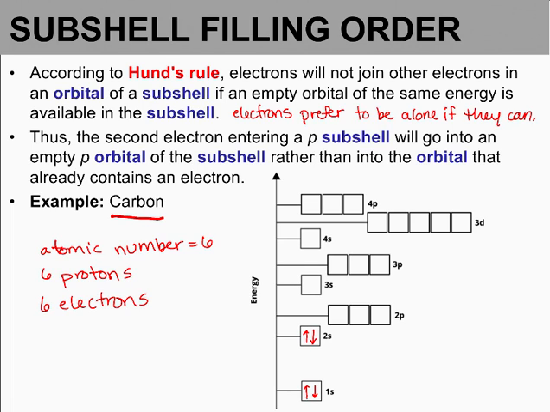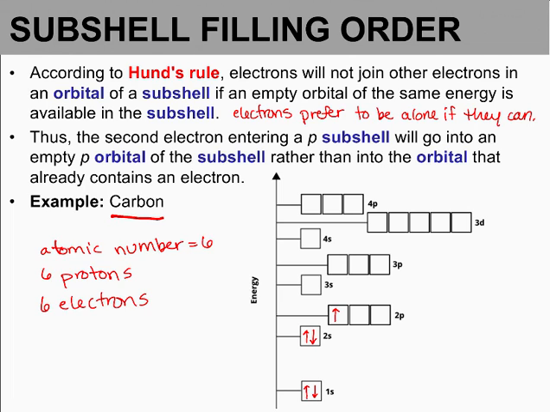Okay, so we've got 4 electrons. Now we have 2 left. So we're going to start filling in the 2p orbitals next. Oh, I gave away the answer. So we're going to put 1 electron in the first orbital. And instead of pairing the electrons, remember electrons would like to be alone if they can.